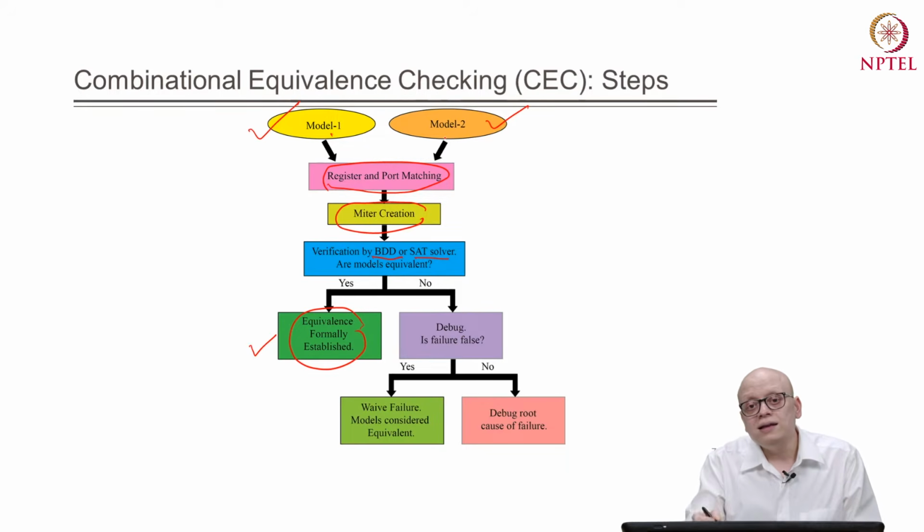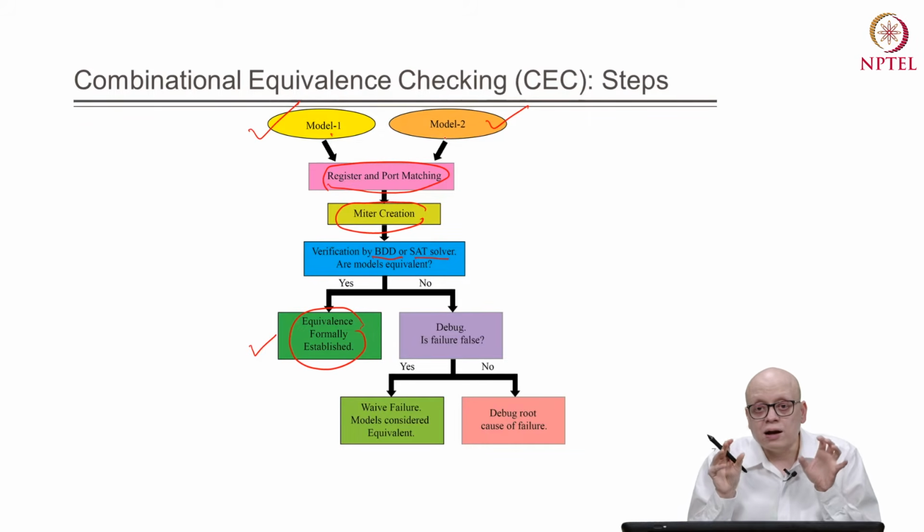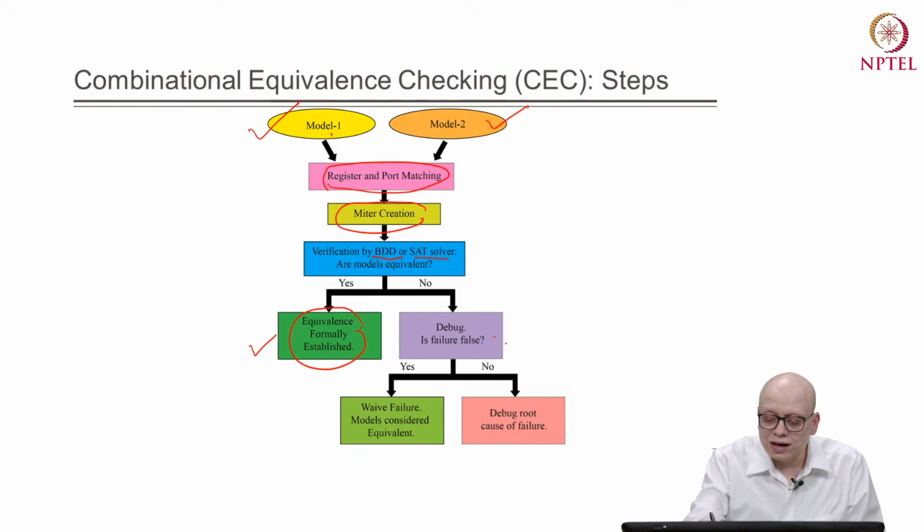If not, then the tool will produce a set of input vectors or stimulus for which these two models produce different results. We can use those test patterns to debug.